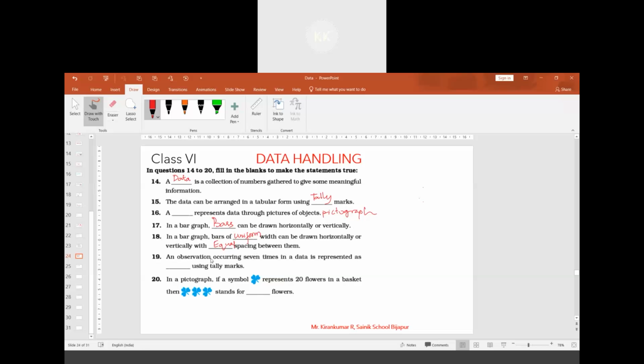An observation occurring 7 times in a data is represented as dash. Here we go, 1, 2, 3, 4, 5, 2 more. This is how we represent using tally marks. In a pictograph, if this flower symbol represents 20 flowers, then this represents 60 flowers.